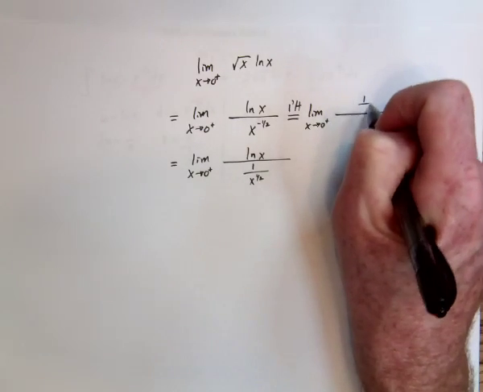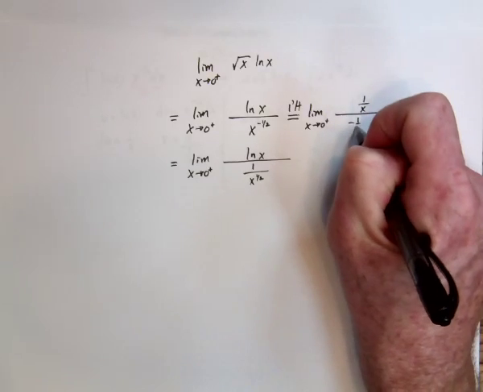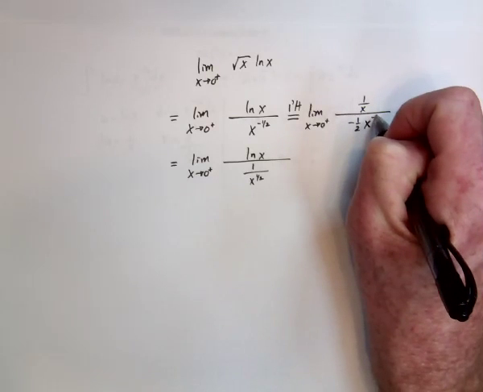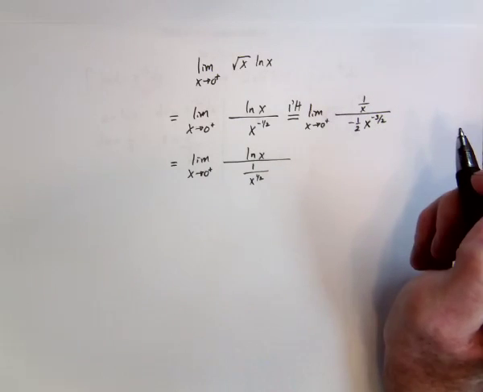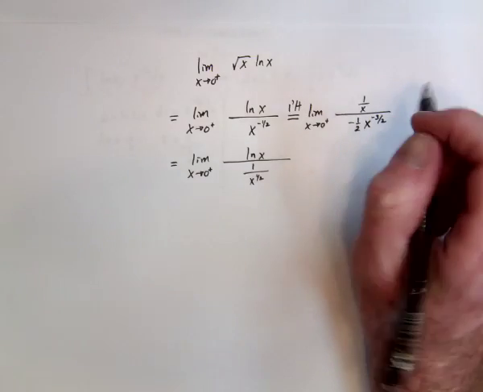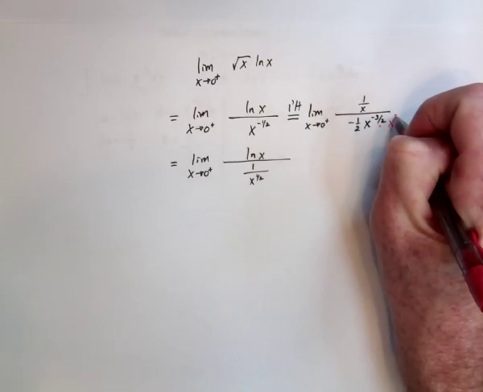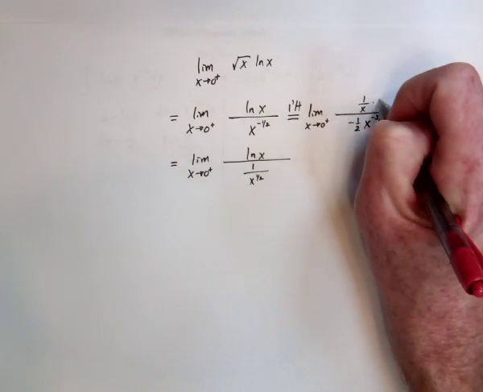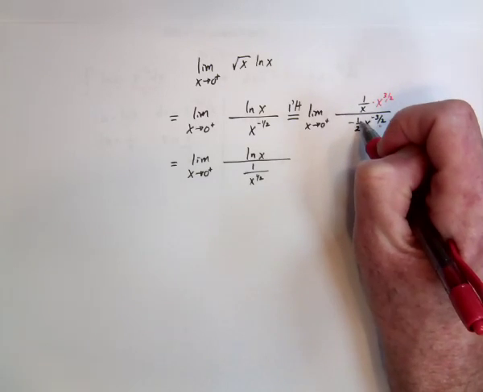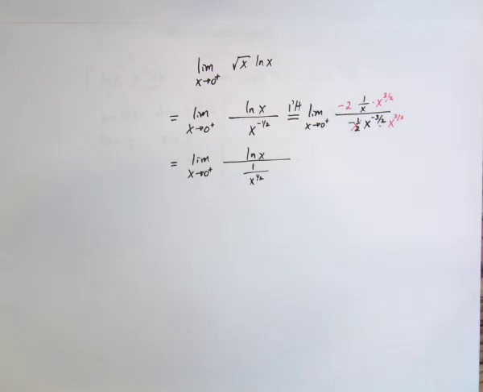The derivative on top would be 1 over x. On the bottom, it would be negative 1/2, and then x to the negative 3/2. In order to simplify this, I could move this to the numerator, or in other words, multiply by x to the 3/2 positive. And I could simplify this by moving it inverted, multiplied by negative 2.